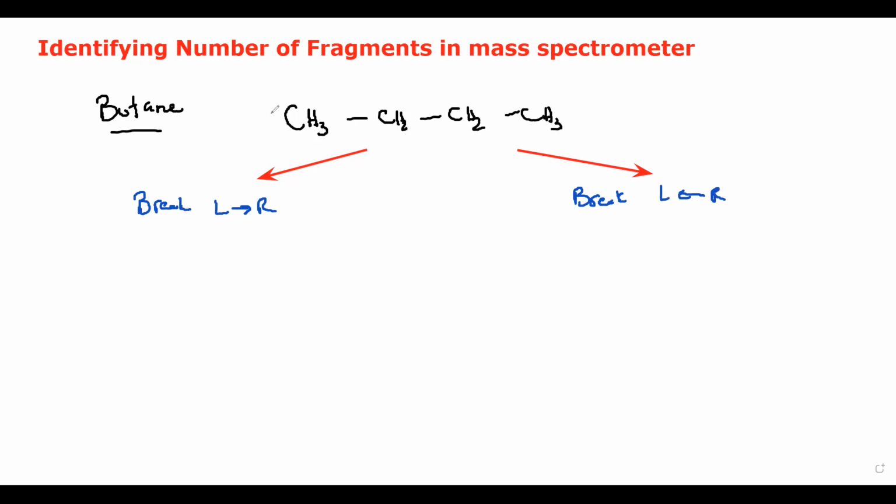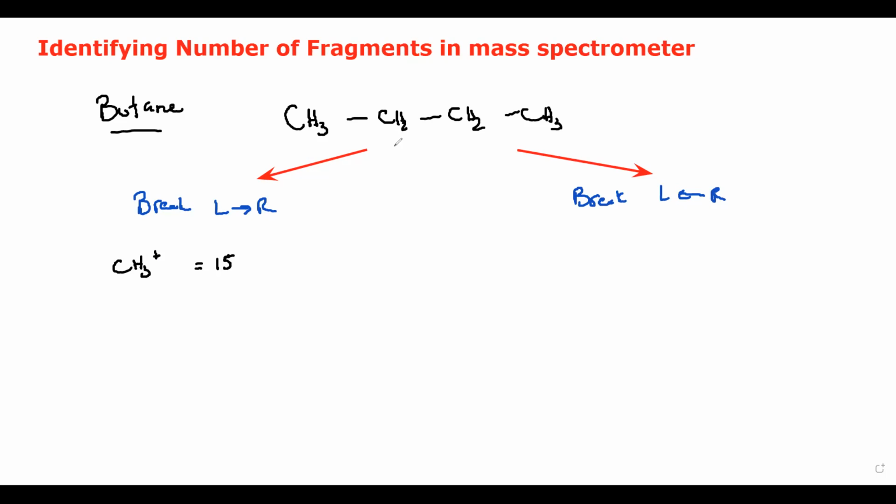If I break, I may get CH3. That is one possibility. So where will we get a peak? It is one carbon and three hydrogen. Carbon is 12 and hydrogen is 1, so 12 plus 3. So we'll get a peak at 15.